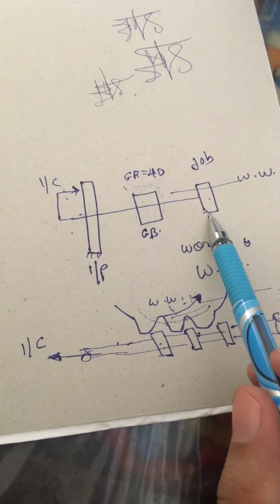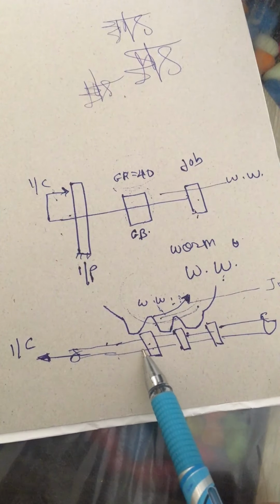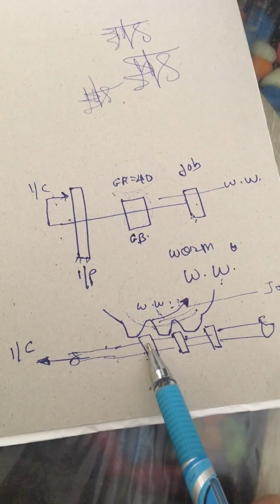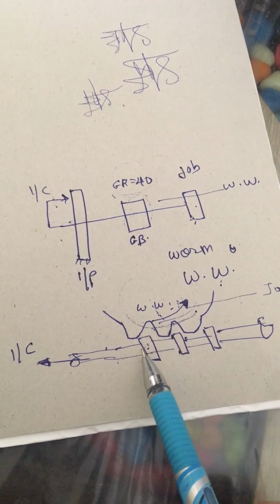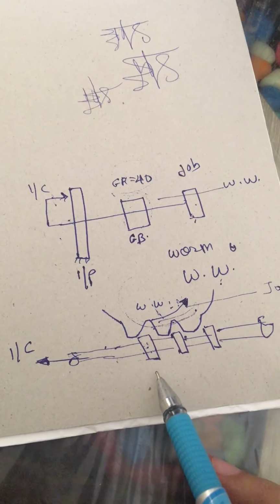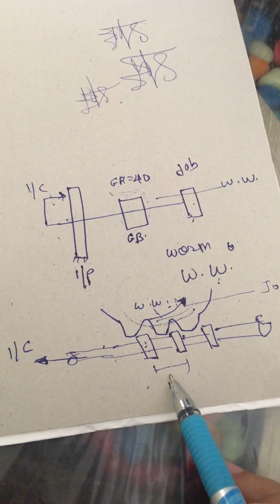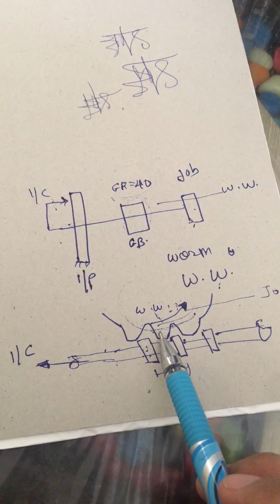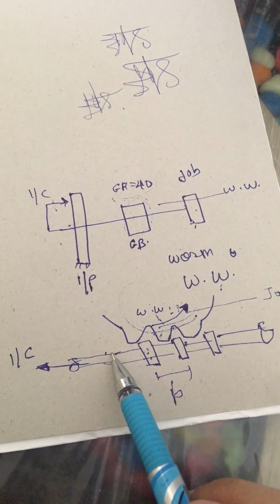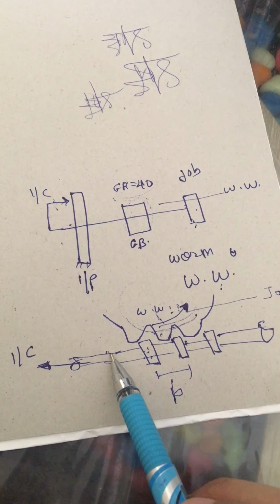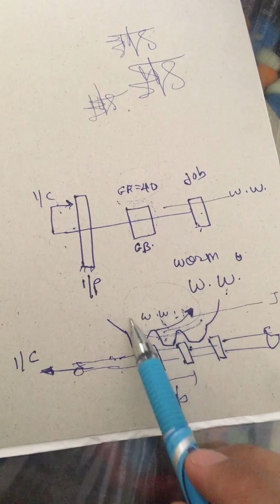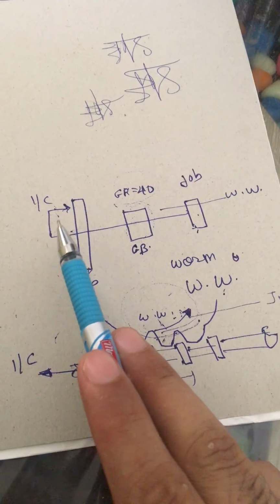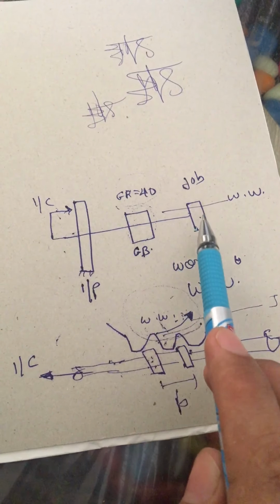So 40 rotations of the index crank index one tooth, and this distance is the pitch distance. One thread engages one tooth of the worm wheel, so 40 rotations of the index crank rotate the worm wheel by one rotation, which means 40 rotations of the index crank give one rotation of the job.